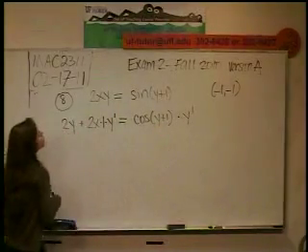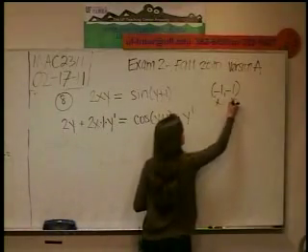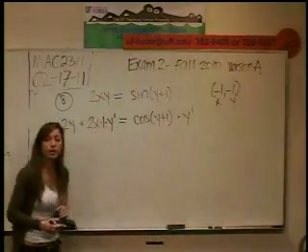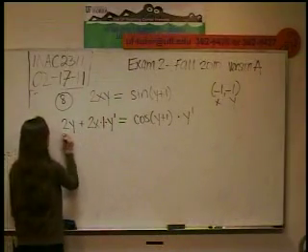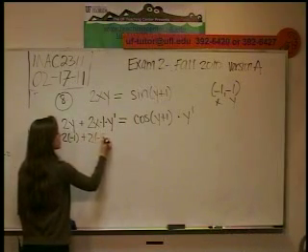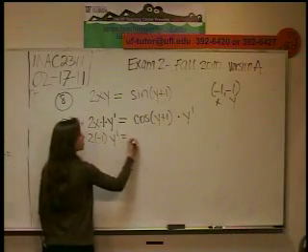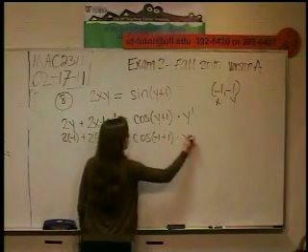Now we can plug in x equal to -1 and y equal to -1, and solve for y prime. So 2 times -1 plus 2 times -1 times y prime equals cosine of -1 plus 1 times y prime.